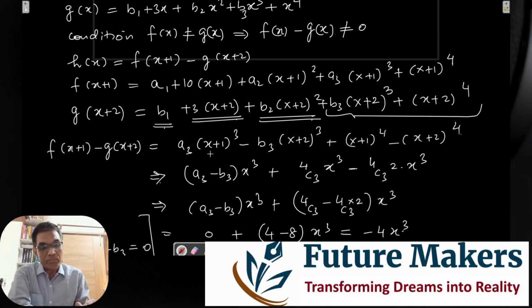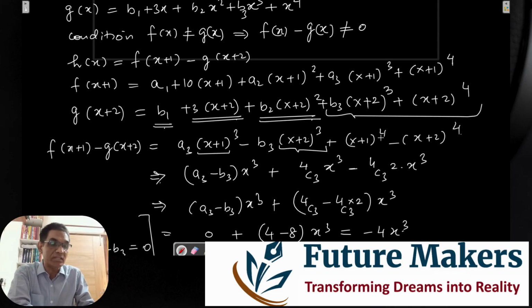For x cube purpose, I can open (x plus 1) whole cube, and here also you open it. What you will get? x cube and x cube here, where x cube can be taken common: (a3 minus b3) x cube. The rest of the terms we will simply leave, because we don't need them. Similarly, (x plus 1) raised to the power 4, you solve by the binomial theorem.